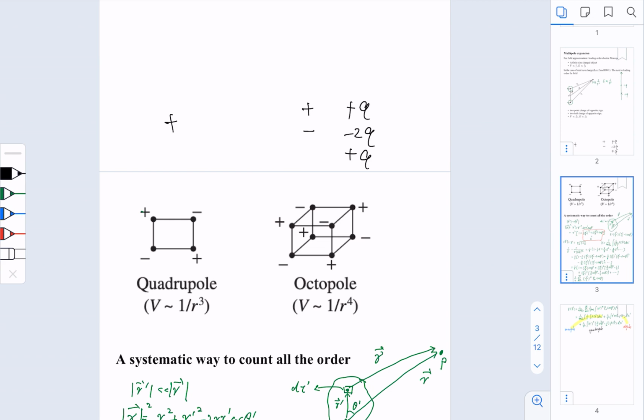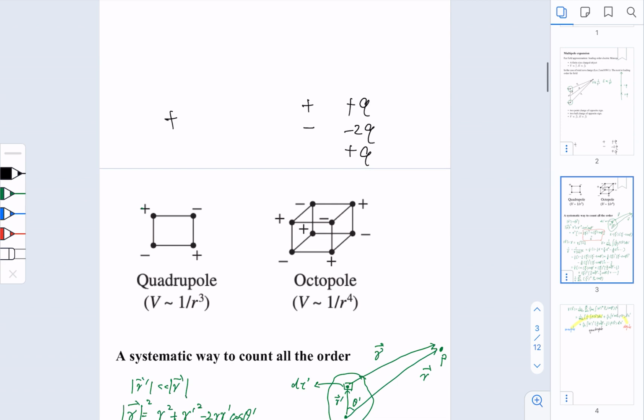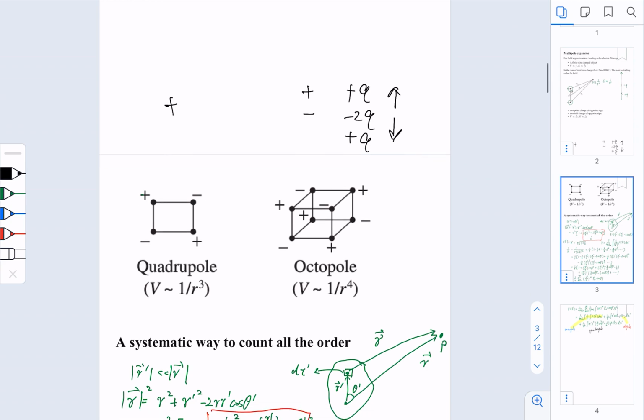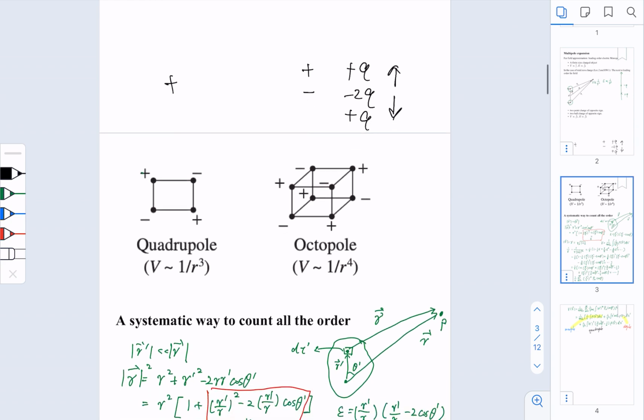So this form might also be a quadrupole, but they don't have an even charge. If you calculate this term, you can think of bringing together two dipoles. So this one actually also is a quadrupole, but it has three charges, and the three charges have different amplitudes. And if you have the same amplitude, then there cannot be a zero monopole term.